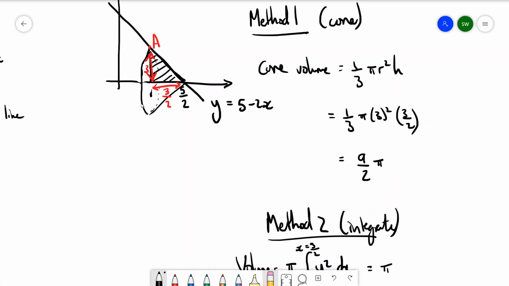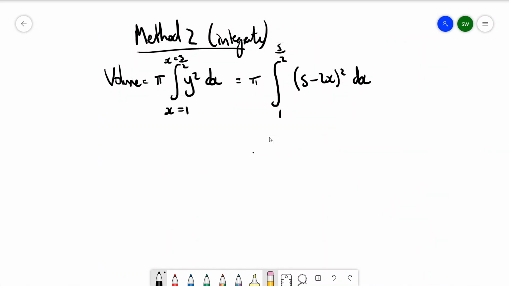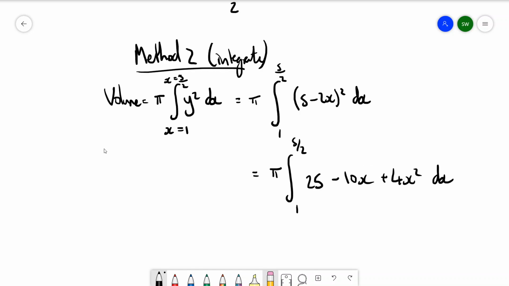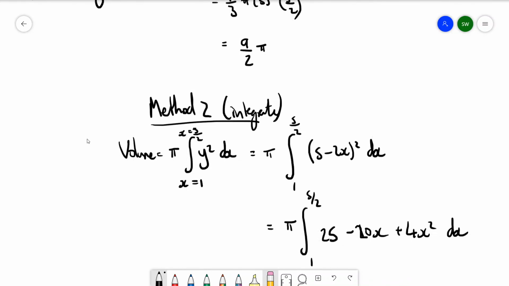It's the line. So it's going to be the integral of (5 minus 2x) all squared dx between 1 and 5/2. And so we'd have pi, multiply out the double bracket, 25 minus 10x plus 4x squared between 1 and 5/2. Sorry, this should be minus 20x. And I'm not going to go through the whole process, but if you work that out and you checked it, you would get 9/2 pi, which is the same as what we got for the cone.